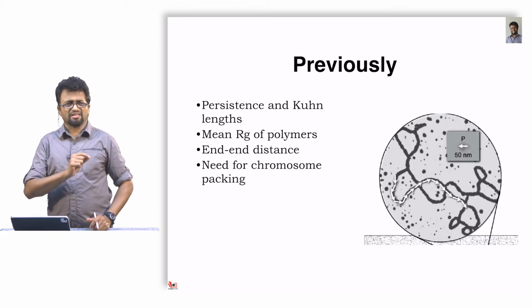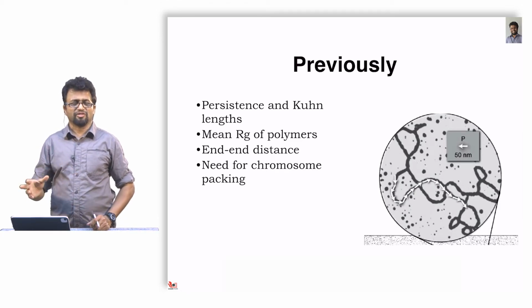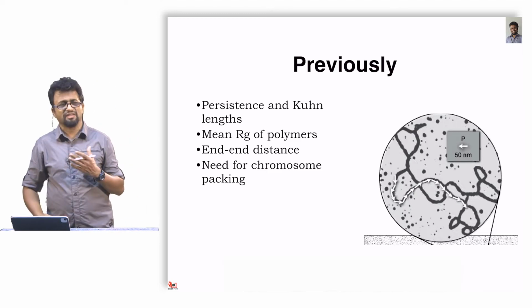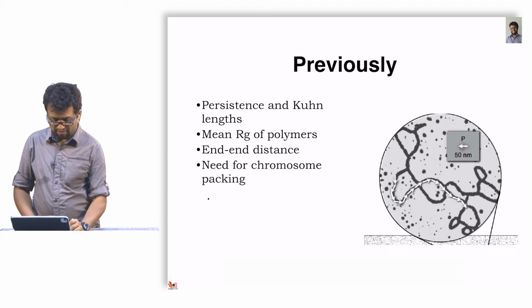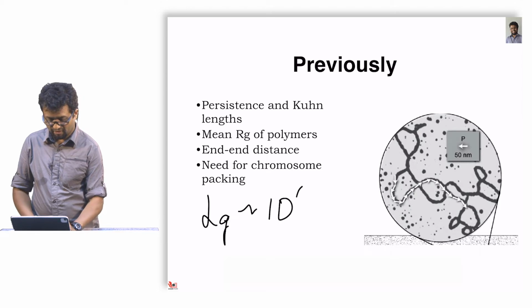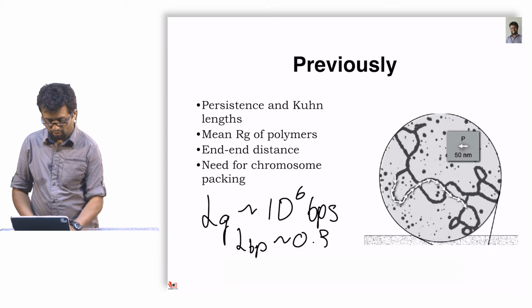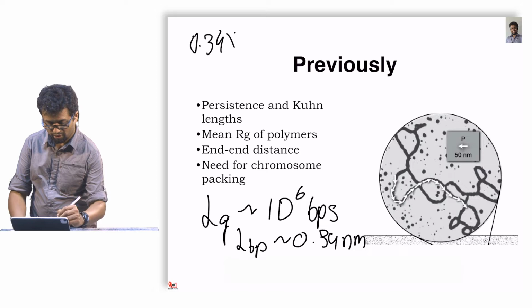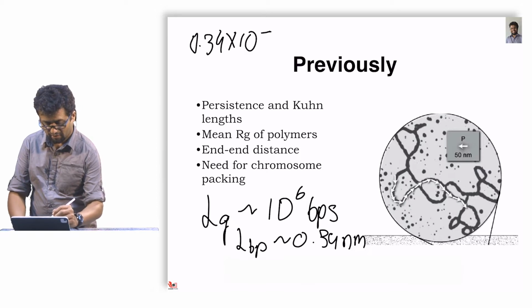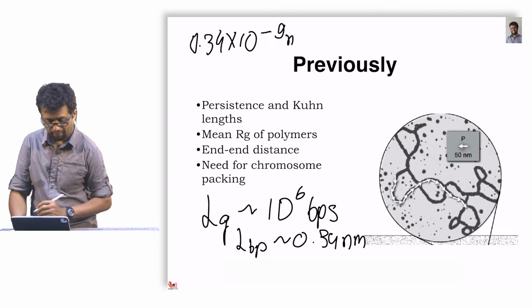We briefly discussed the need for chromosome packing in terms of sizes, and if you remember, we asked a very simple question, and I can write this for you: the length of the E. coli genome is 10 to the power 6 base pairs. The length per base pair is 0.34 nanometers, which is 0.34 times 10 to the power minus 9 meters.